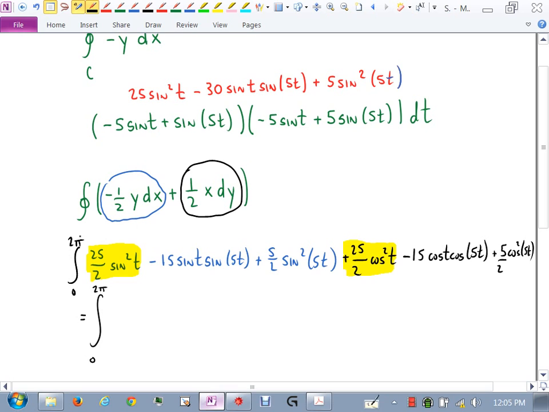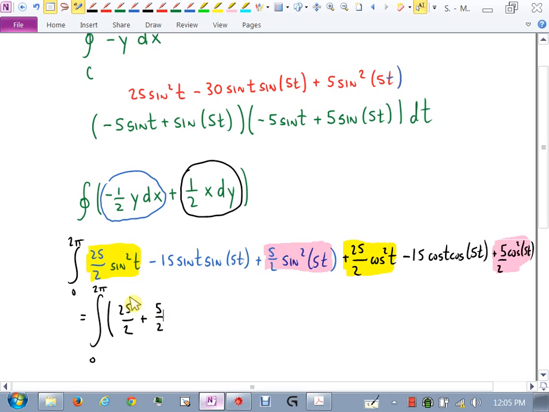And there's a dt at the end of all that, okay? I'm out of room. But that's just 25 halves. And then, what about 5 halves sine squared 5t and 5 halves cosine squared 5t? That's just 5 halves, right?